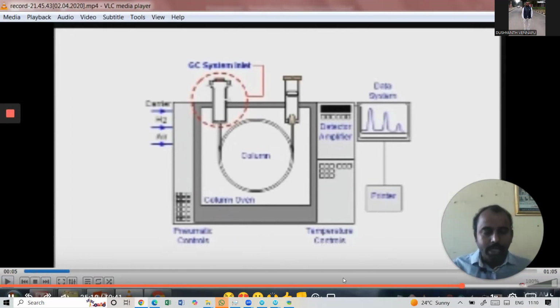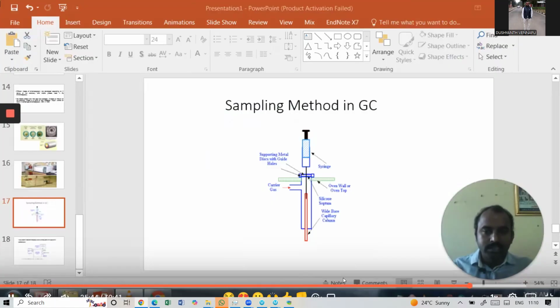Again, you may have a stationary phase, whether it is solid or liquid. You have to see whether it is a silyl or polymethoxysilane and what is the proportion of silyl groups. So you can say whether it is non-polar or polar, and you have an inlet system where you inject your sample.